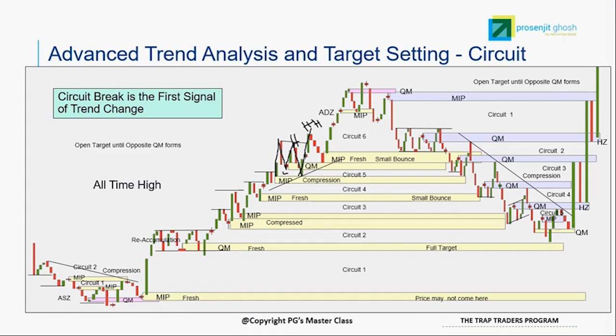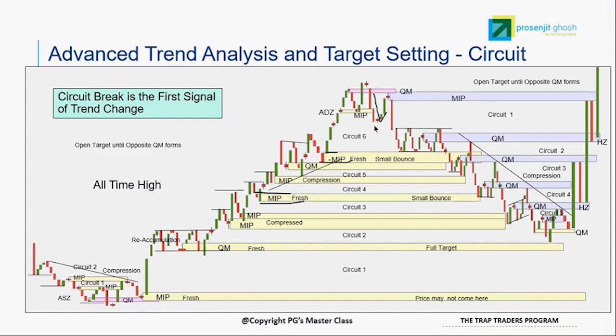Richter asks, so we will trade fresh key levels even in the markdown stage. Yes, we will trade fresh key levels, and understanding the circuit helps us. Another very important point, Richter, that you are missing here is the circuit break. Understand, there are a lot of good MIPs. This is a good fresh MIP. This is a good fresh MIP. Why do we need the circuit?